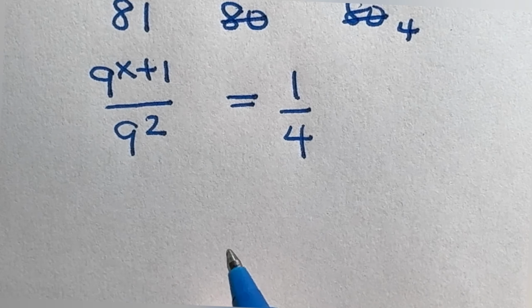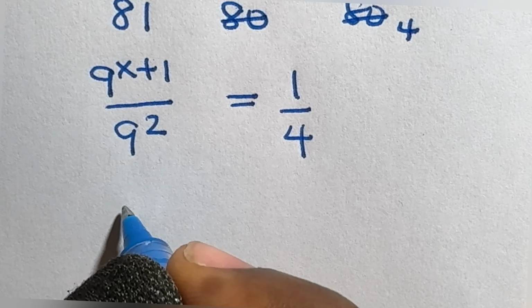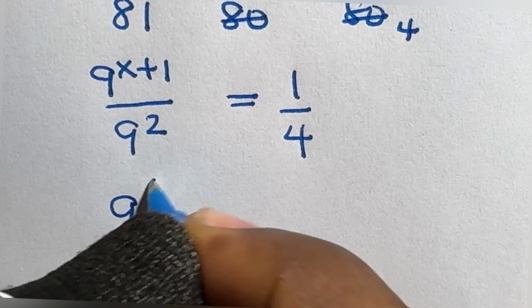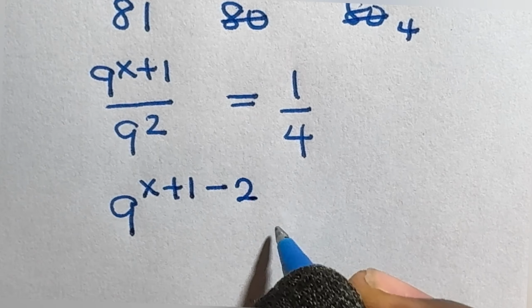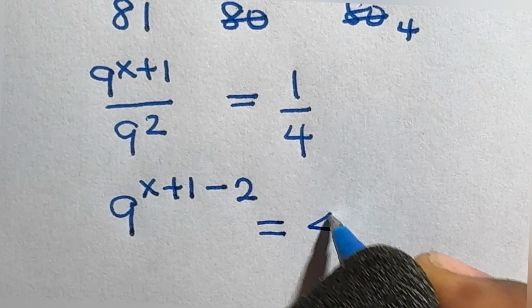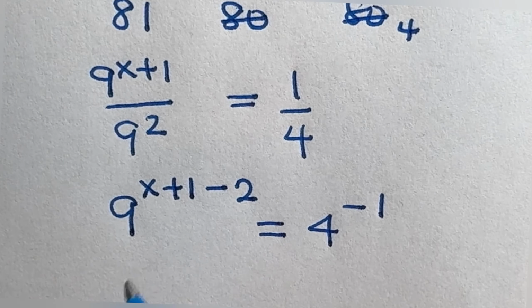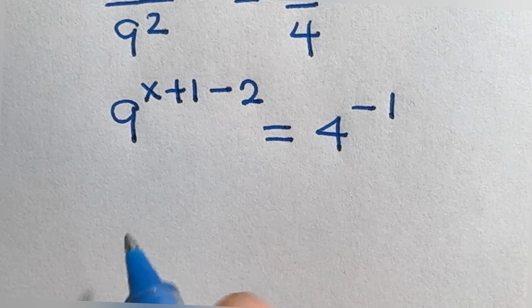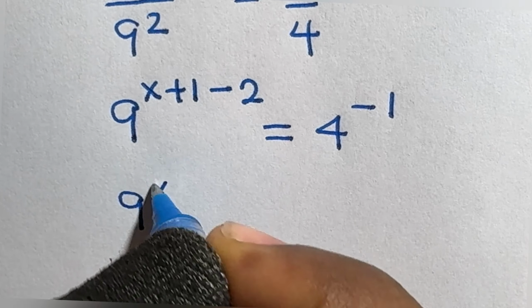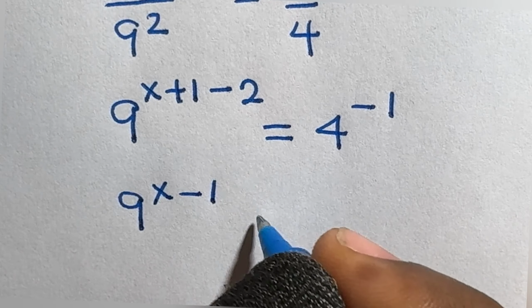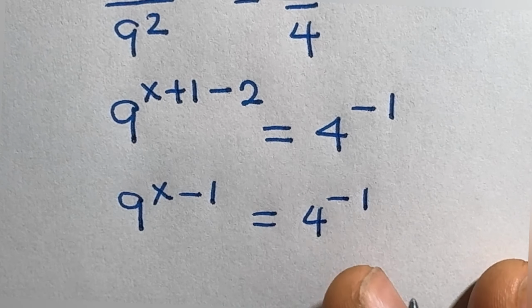Applying the law of indices would give us 9 raised to power x plus 1 minus 2 is equal to 4 raised to power minus 1. If we tidy this up, this gives us 9 raised to power x minus 1 is equal to 4 raised to power negative 1.